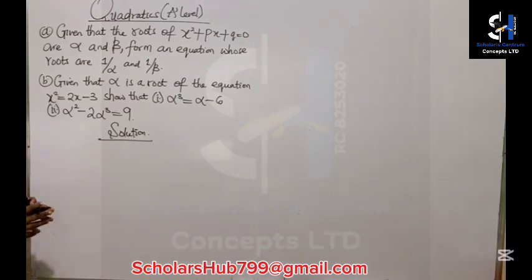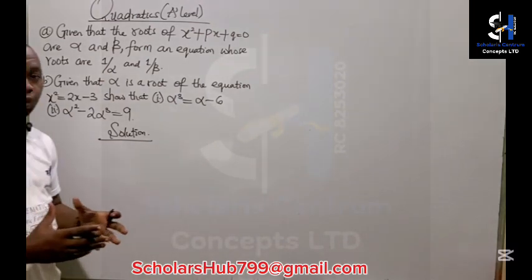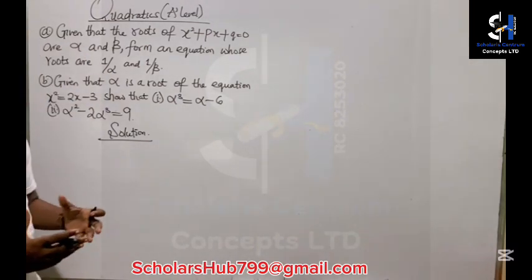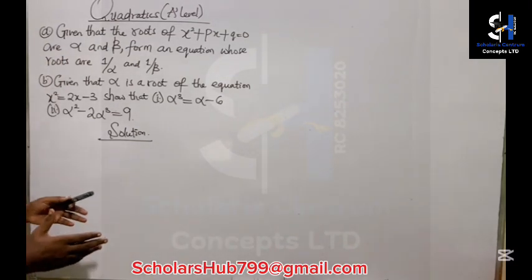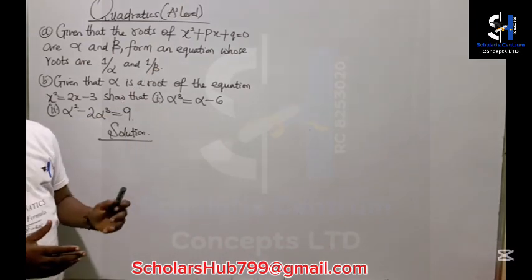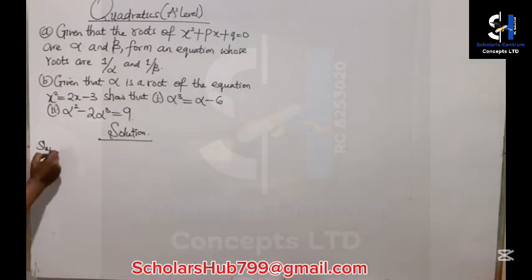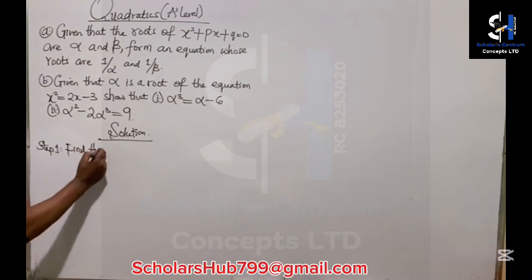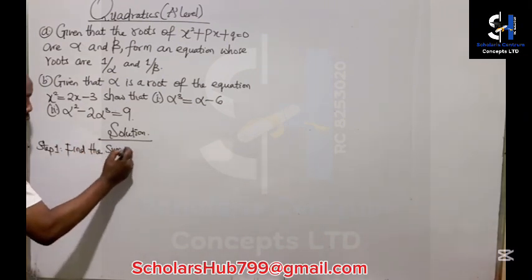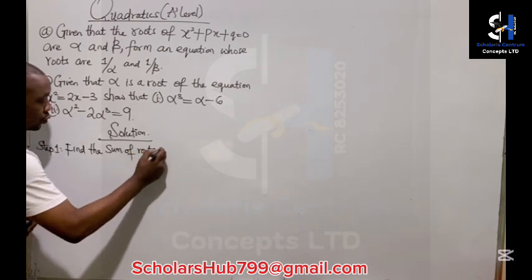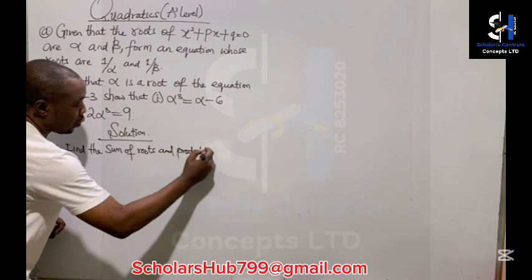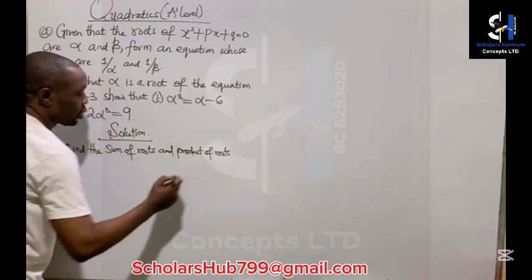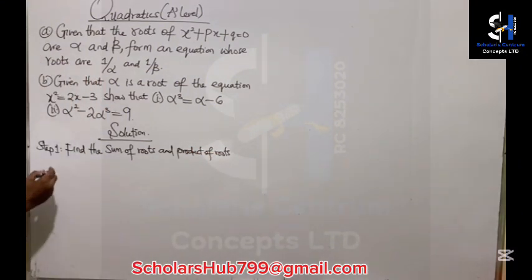the first thing we need to do is to find the sum of roots and product of roots of the given equation. Already we know that the roots of the given equation are alpha and beta. Step 1 is to find the sum of roots and the product of roots.